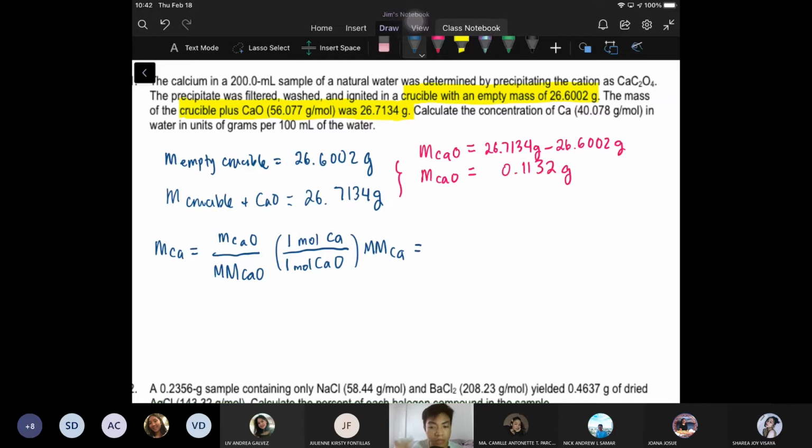What's left is for us to plug in all the numbers. So, mass of calcium oxide, 0.1132 grams divided by the molar mass of calcium oxide that was given, 56.077 g/mol. Times the stoichiometric factor, 1 over 1. Times the molar mass of calcium, which is, where is it? There, 40.078 g/mol.